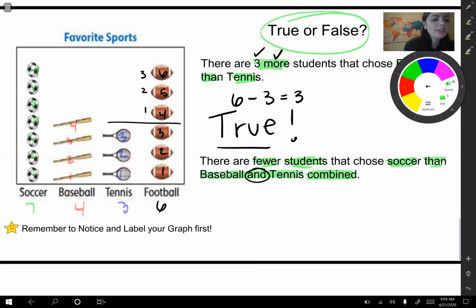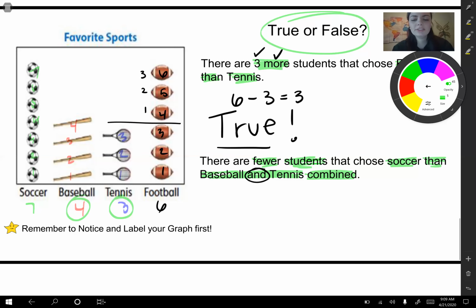So first, when you look at it, it looks like soccer has the most. And you're going, oh no, soccer doesn't have fewer. But if you do that, you're not reading the whole problem. Baseball and tennis combined. So we need to take baseball and tennis and put them together. Remember, I really like to write my numbers under here.